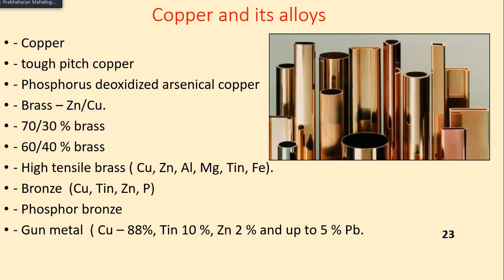High tensile brass: copper, zinc, aluminium, magnesium, tin and iron. Bronze: copper, tin, zinc and phosphorus. Phosphor bronze.